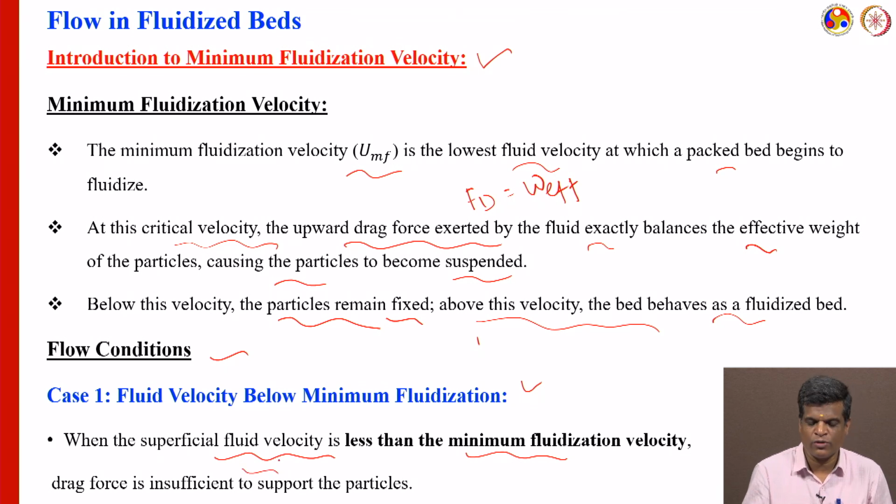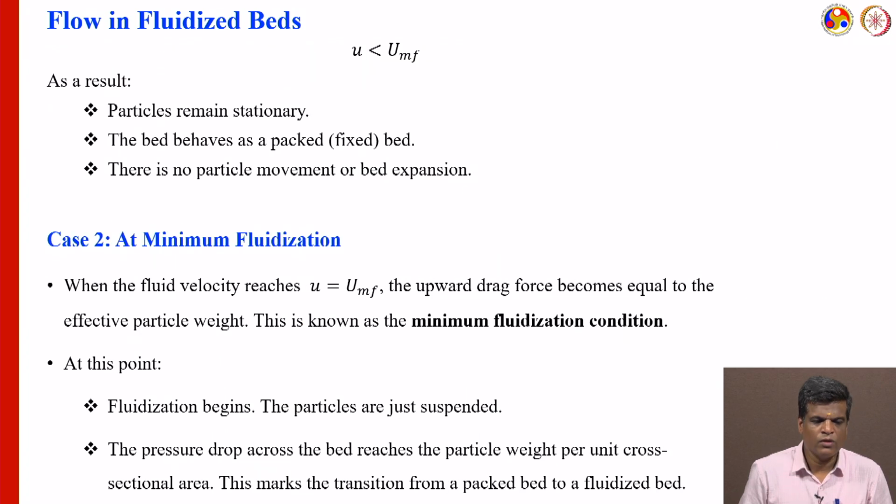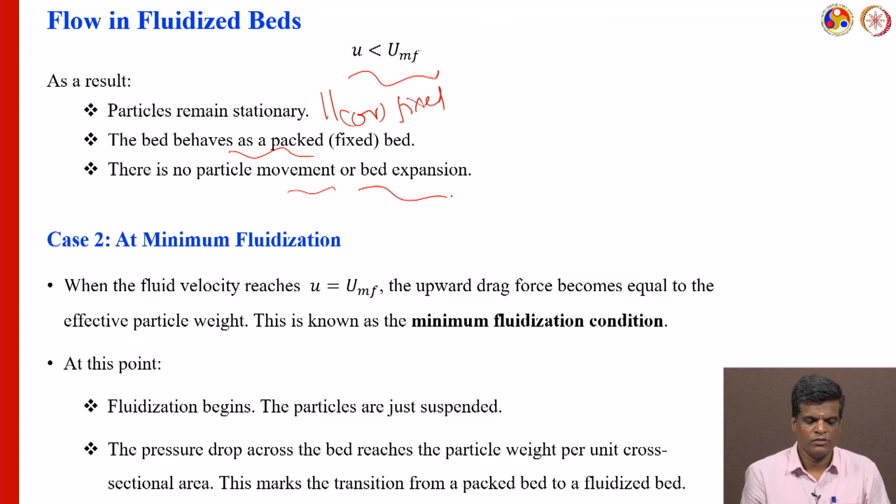So the particles remain stationary, and we call that a fixed bed. The bed behaves as a packed bed; packed bed and fixed bed are the same. There is no particle movement and no bed expansion.